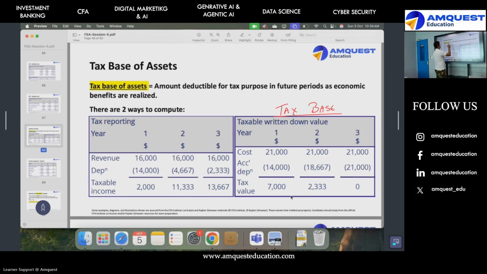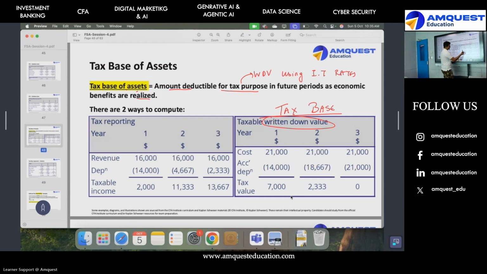The tax base of assets means the amount that's deductible for tax purposes in future years. It means the written down value as per the Income Tax Act. That's all. The WDV of the assets when you use the income tax rates is called the tax base.